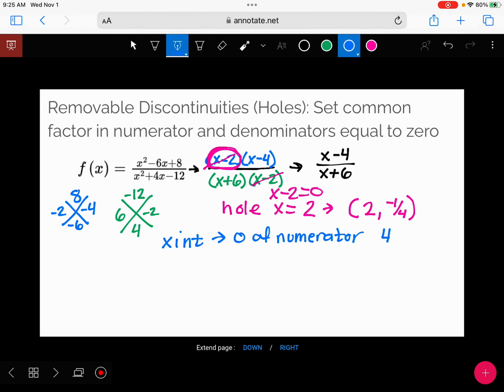So we have an x-intercept at 4, 0. Our y-intercept, substitute in 0. When x is 0, what do we have? Because 0 minus 4, we have negative 4. 0 plus 6 is 6. Negative 4 over 6, same thing as negative 2/3.